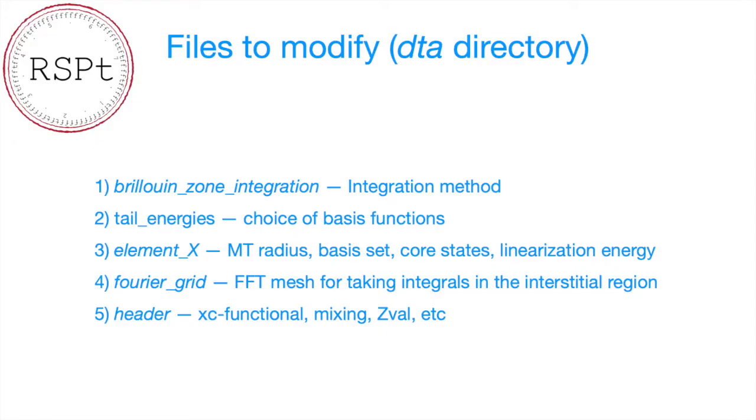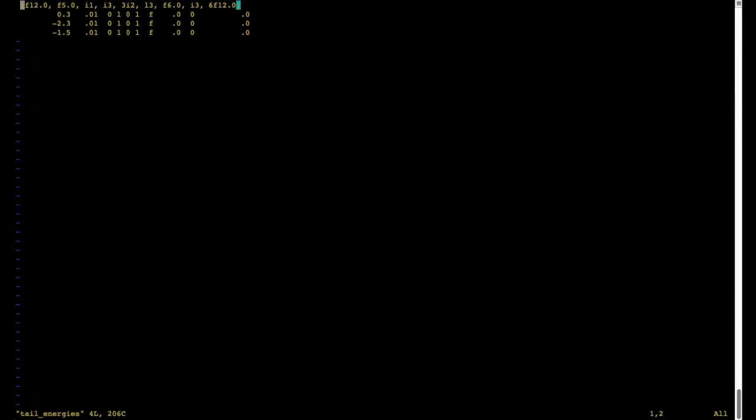The next file which we have to modify is the tail energies. The way RSPt works is that it uses atomic-like orbitals. Here we have one parameter which is called tail energy, and tail energy specifies the extent of these basis wave functions.